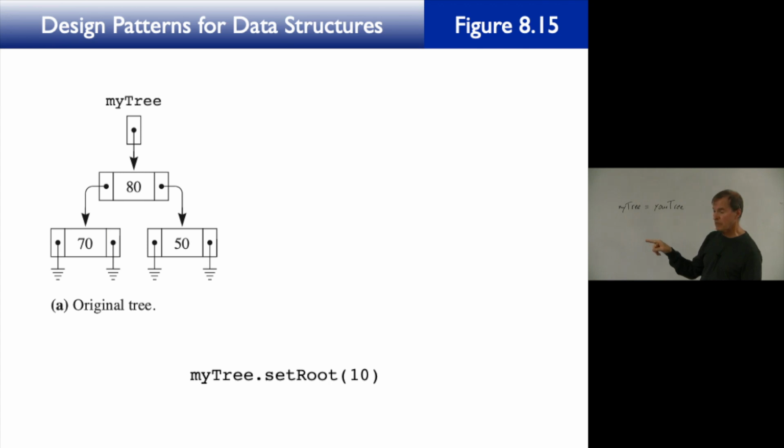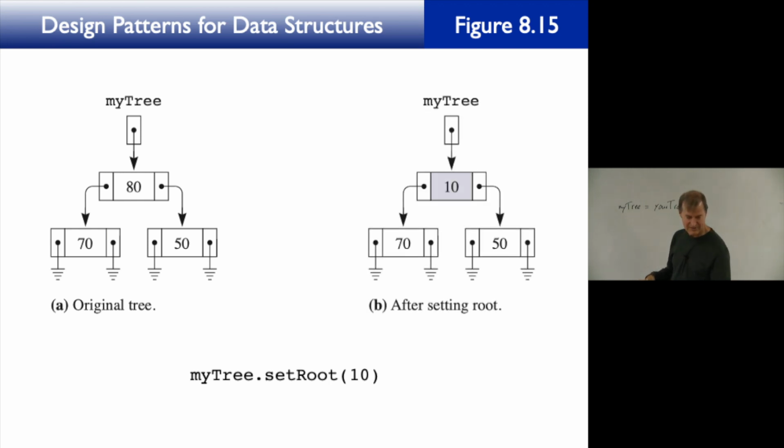Now the tree can't be empty, and all it does is change the 80 to 10. That's all it does. Are we good? So that's the action of set root. I don't think I even have the code for that. So that was set root.